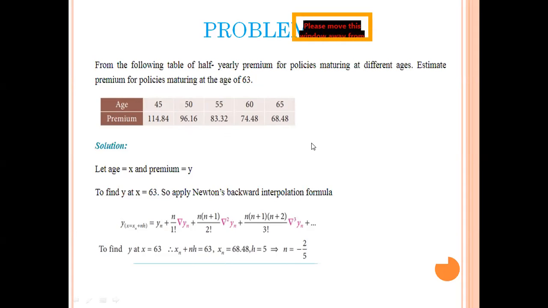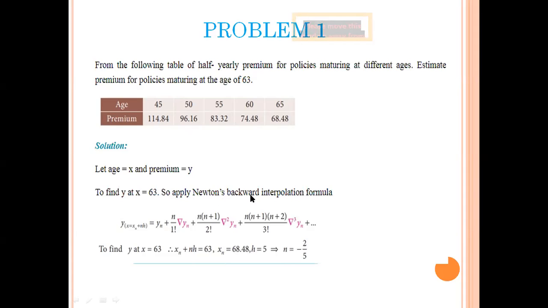So 63 lies between the last two values, 60 and 65. That's why we are going to use Newton's backward interpolation formula. Here x is the age and y is the premium. We are going to find y at x equal to 63.